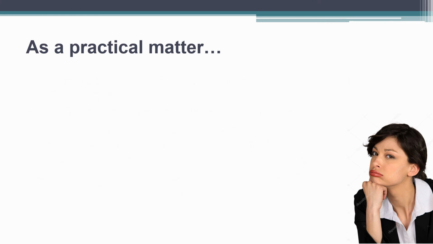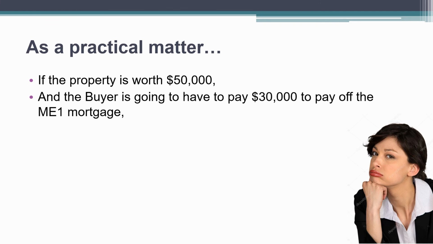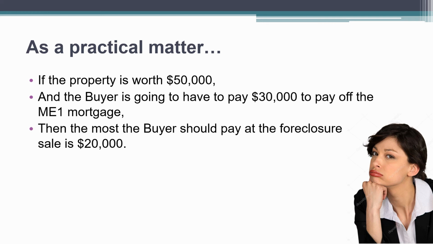So what does this mean for people who are bidding at second mortgage foreclosure sales? Well, if the property is worth $50,000, and if the buyer is going to have to pay $30,000 in order to pay off the ME1 mortgage, then the most the buyer ought to pay at this foreclosure sale is the other $20,000 that the property is worth.